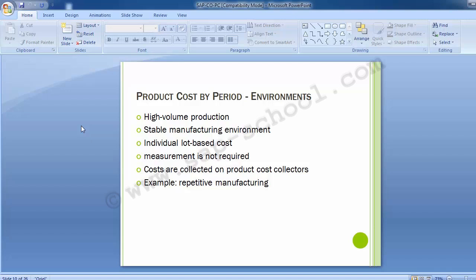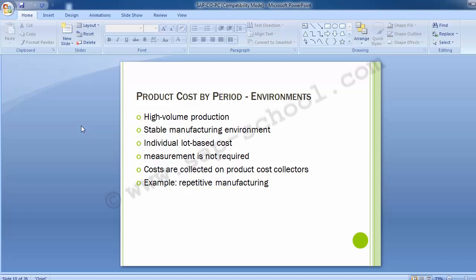This means that you collect cost on a cost object over an extended length of time and analyze the debits and credits to the cost object in each period. In a repetitive manufacturing environment, you always record and analyze cost on the basis of product cost collectors.